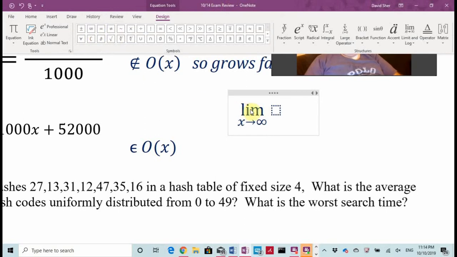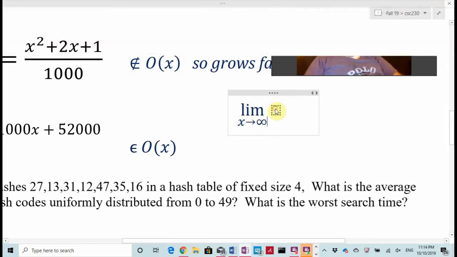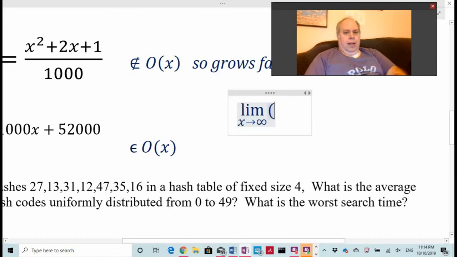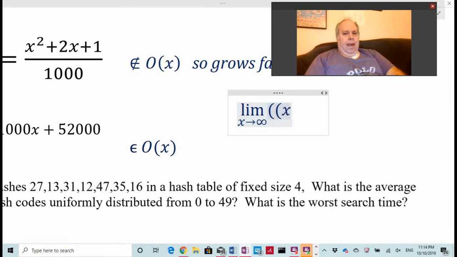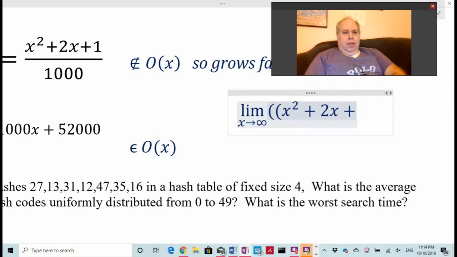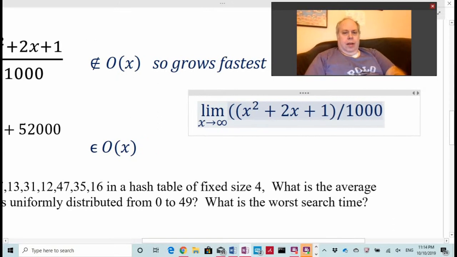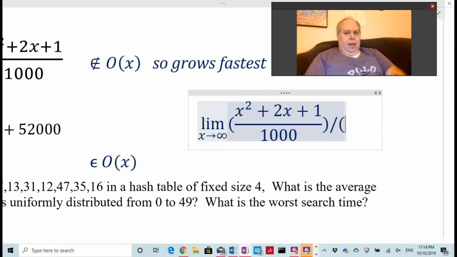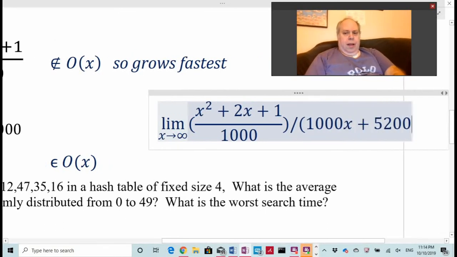Okay, let's just divide them: x squared plus 2x plus 1 over 1,000, divided by 1,000x plus 52,000.